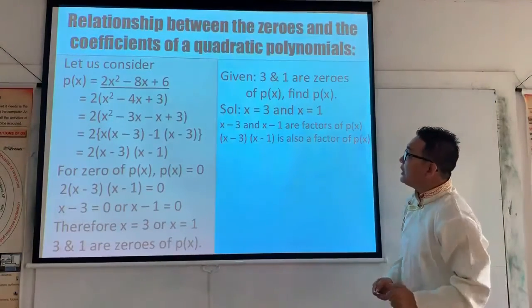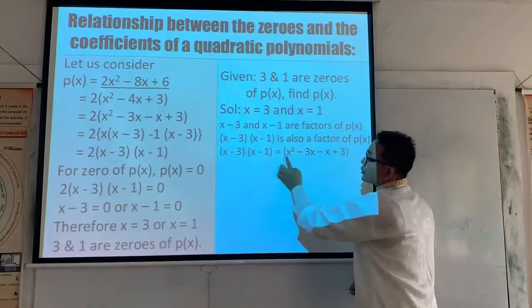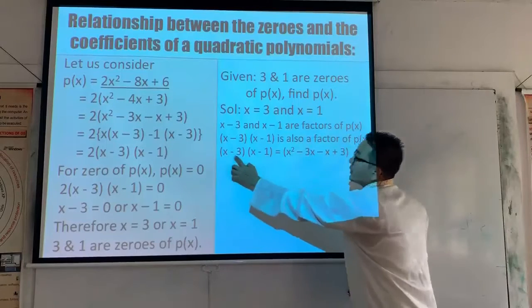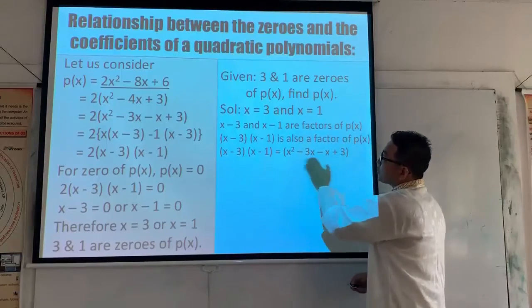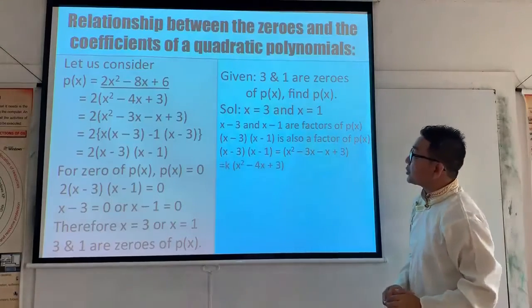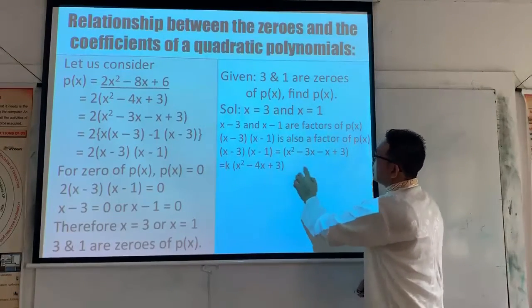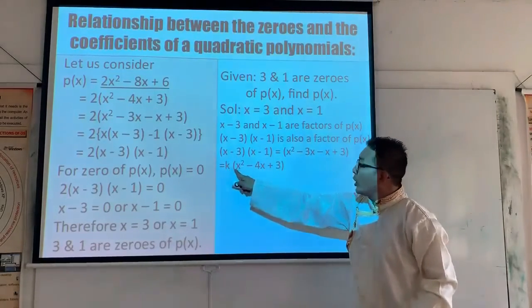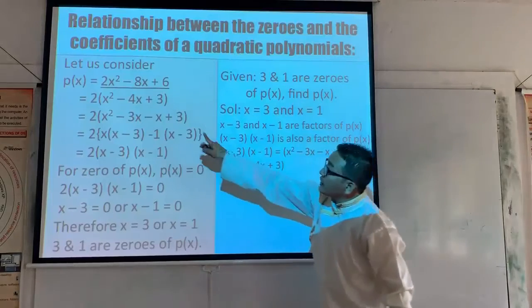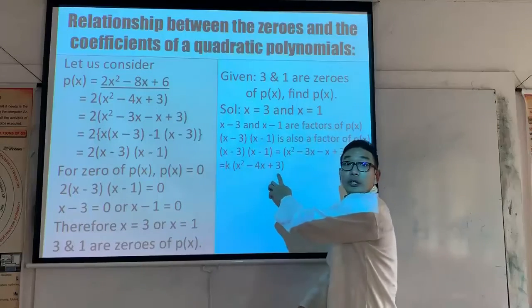Multiplying, we get x square minus 3x minus x plus 3. Combining like terms, we get x square minus 4x plus 3. That is the polynomial.